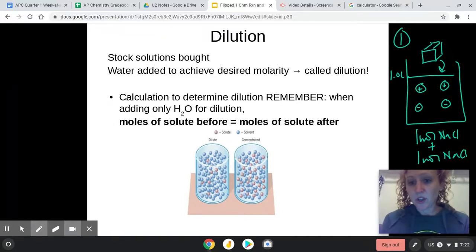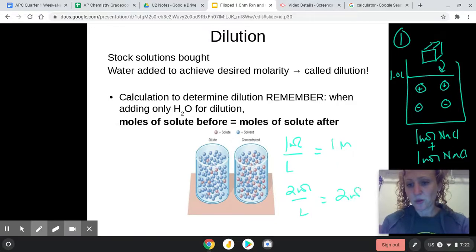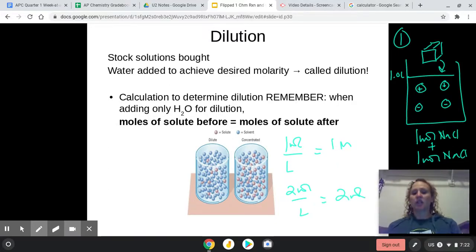Okay, so we're going to go from 1 mole per liter, which is 1 molar, to 2 moles per liter, which is 2 molar.